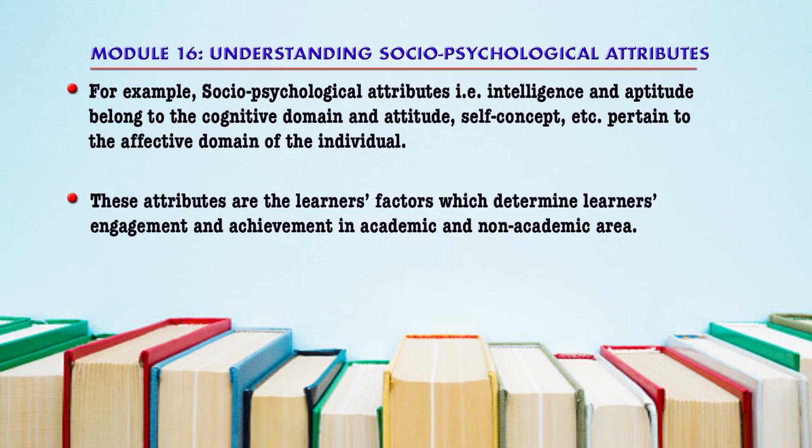These attributes are the learner's factors which determine learners' engagement and achievement in academic and co-academic activities. So, friends, try to understand, all these psychological attributes that I was naming help either for our academic development, academic understanding, academic acquisition, and at the same time for co-academic, or you can say co-scholastic abilities, for development of co-scholastic abilities.